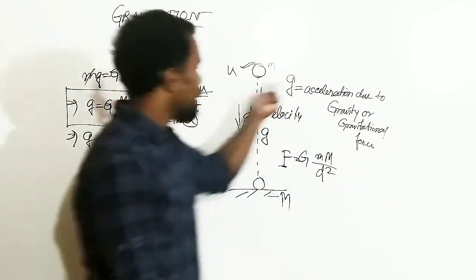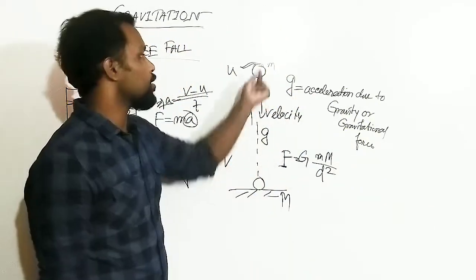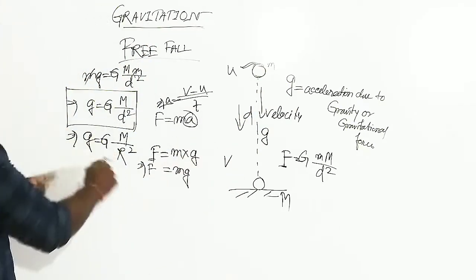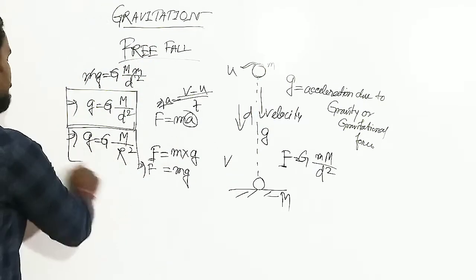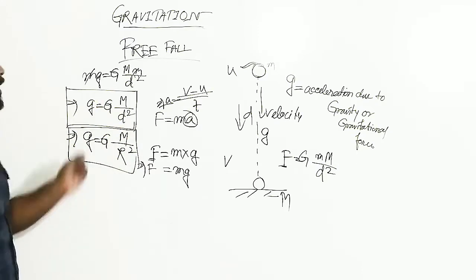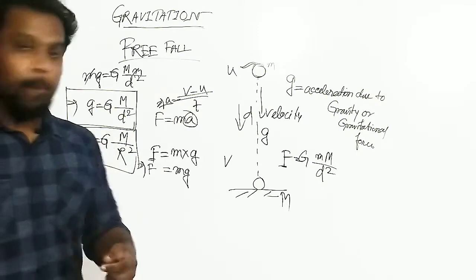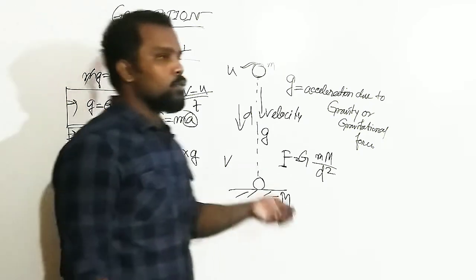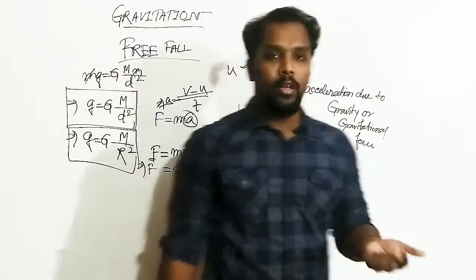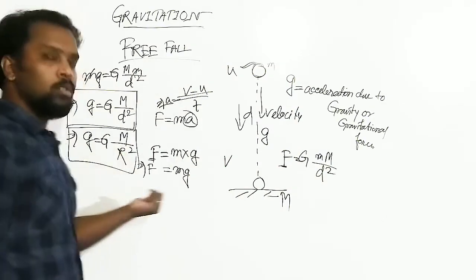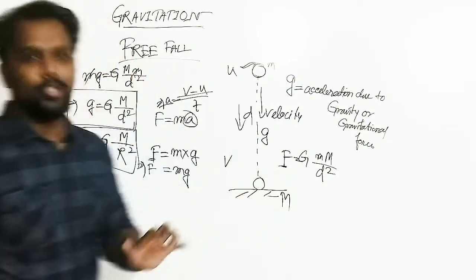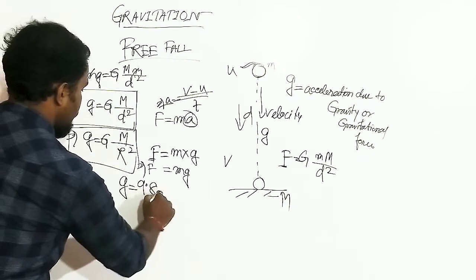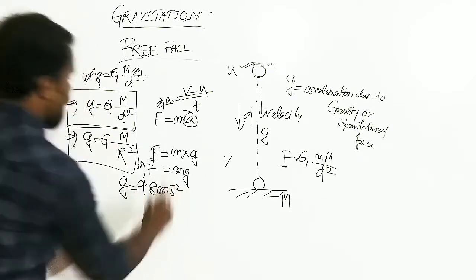That ball is not on the ground, but it is quite near to it. In this case the value of g remains constant: g has a value of 9.8 meter per second square.